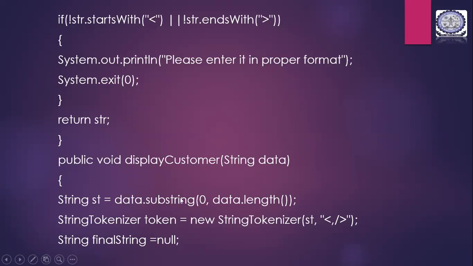So data dot substring 0 comma data length is taken for the str data here. String is the data here. So you're going to display the data, right? You have given the string data type here, string str. This is not st. Sorry, this st here is given to data. So data dot substring 0 comma data length.